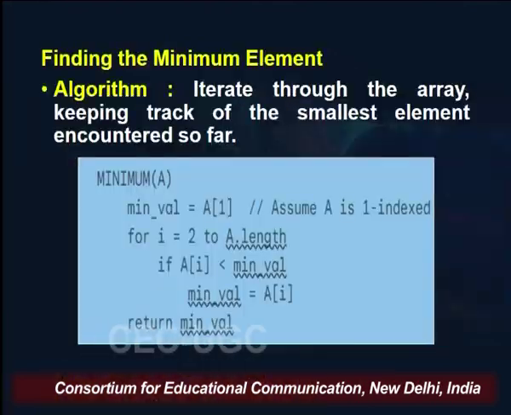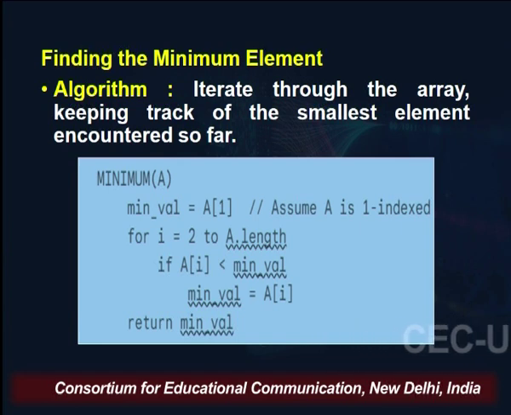Let us see, finding the minimum element, if you recall, is actually a trivial problem in algorithms. What do we need to do? If we look into the algorithm, we need to iterate through the array and keep track of the smallest element encountered so far. Let us say we have an algorithm Minimum and an array A, and I am assuming that A is 1 indexed, not 0 indexed.